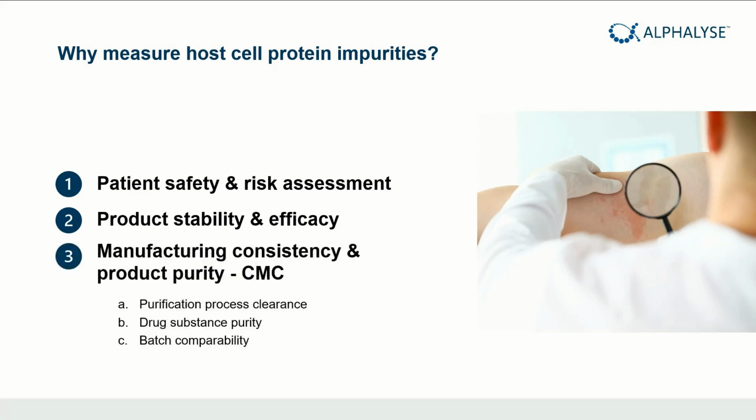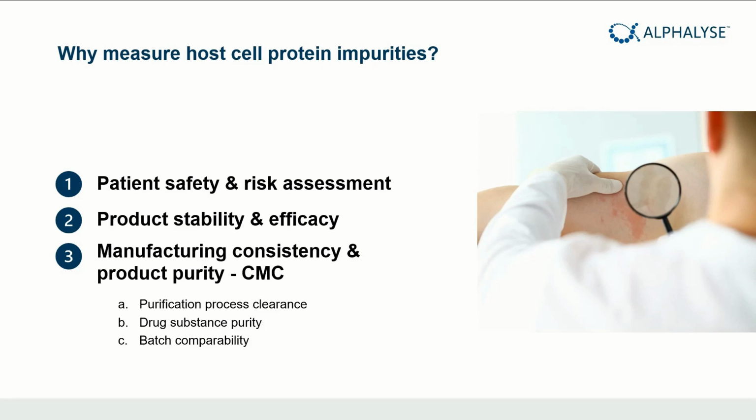And the third reason is for CMC purposes, for manufacturing consistency and product purity. So the CMC manager has to demonstrate the purification process clearance of impurities and document this clearance.